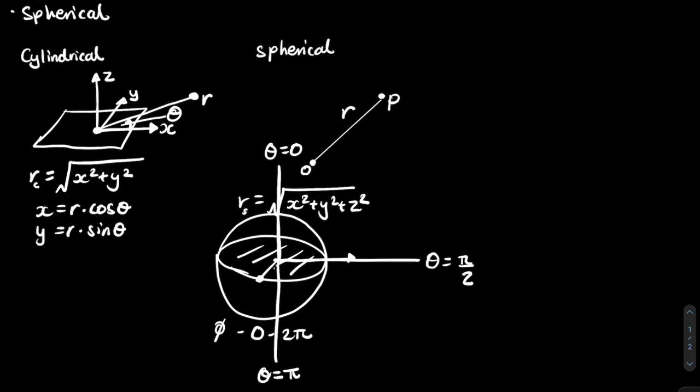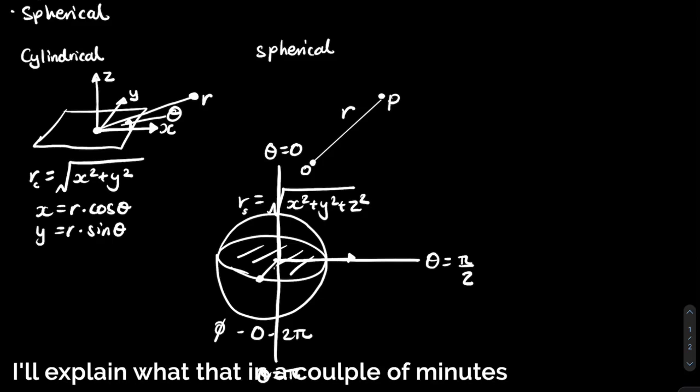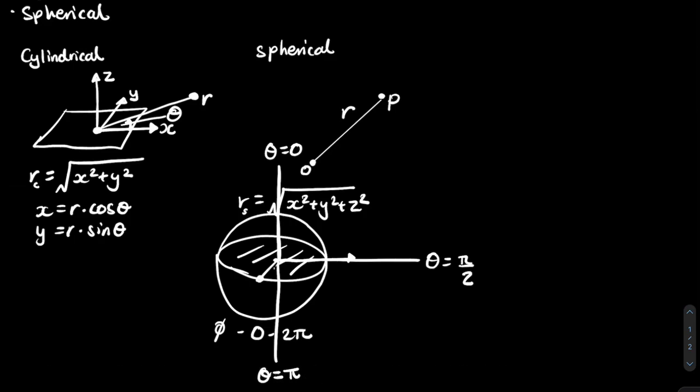You have different unit vectors and stuff in coordinate systems. Typically you'd get given them. You can derive them, it's quite complicated. You can derive them using the chain rule. But typically you get given those sorts of things.